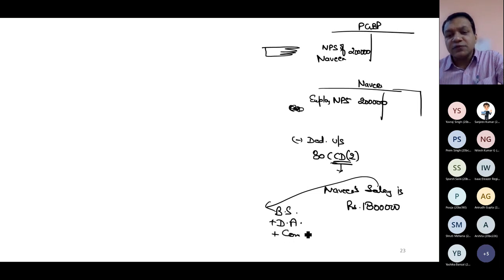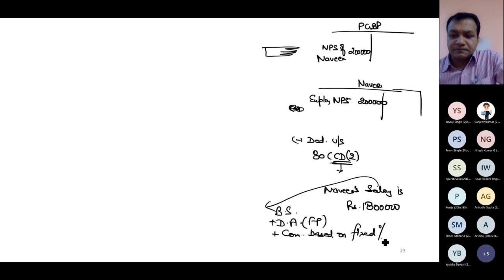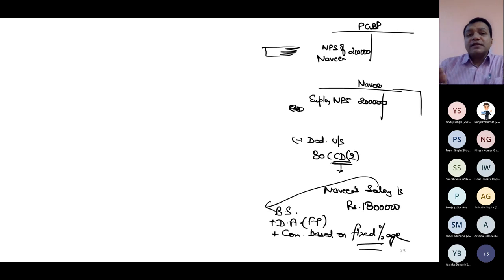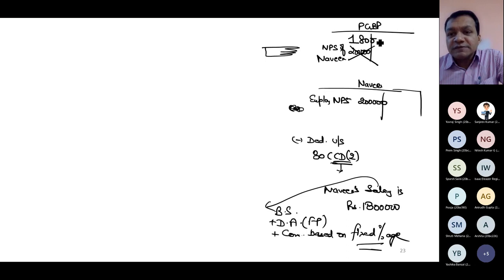For NPS purposes, the salary is basic plus DA forming part of retirement benefits plus commission based on fixed percentage. If this total is 18 lakh, then the maximum the employer can debit is how much? Up to 10%. That means though the employer has given me 2 lakh rupees, on the debit side he can show a maximum of 1,80,000 rupees.